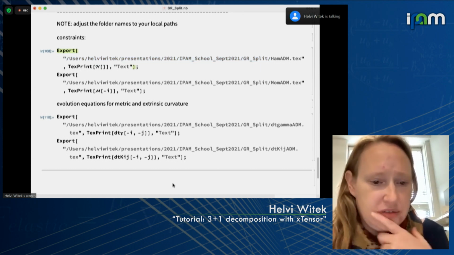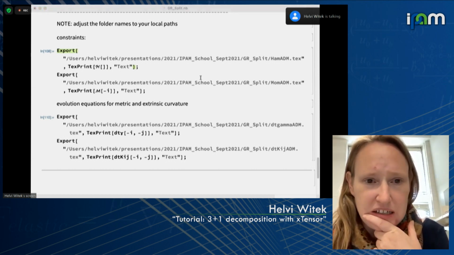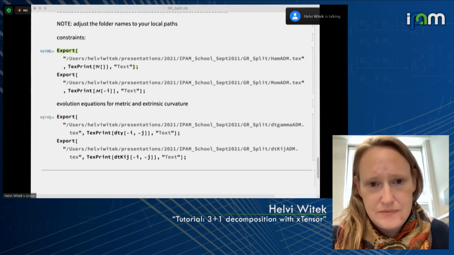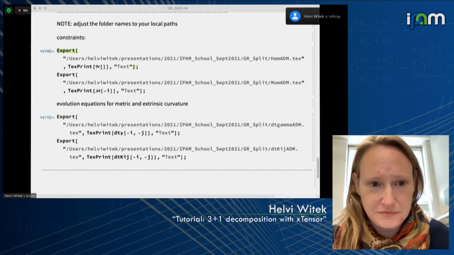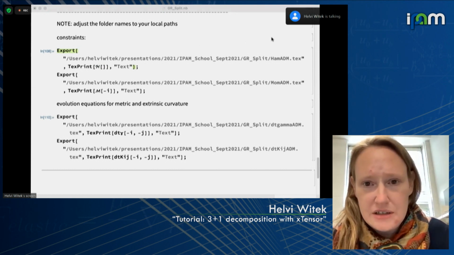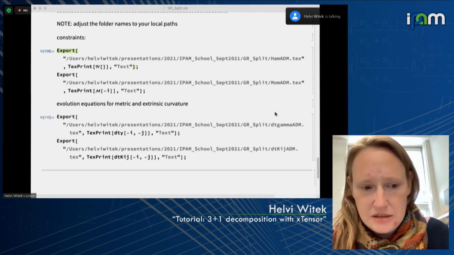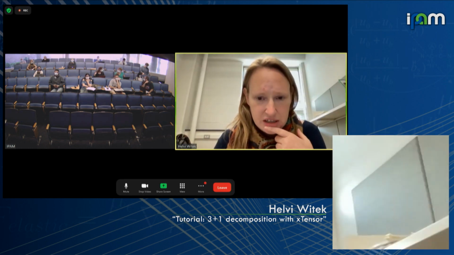Yeah, and if you just give me a second, I can actually also open this so that you can have a look at what this looks like. So let me just stop sharing, because I think I will have to share my entire screen if you want to look at my file.